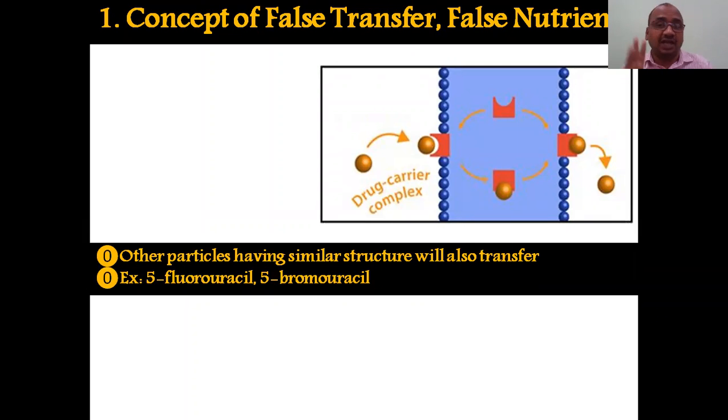Here you have to keep three concepts in your mind. The first concept in this carrier mediated transport is the concept of false transfer, false nutrients. It is also possible because not only the drug particle but any other vitamin or any body particle, if it has a similar structure, will go and attach to the carrier and get delivered.